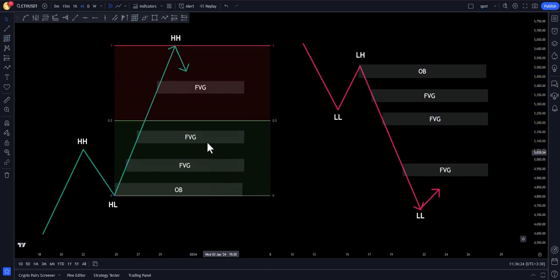So, we only allow ourselves to open positions in these fair value gaps. Similarly, in a downtrend, we only allow opening short positions in fair value gaps that are in the premium zone.